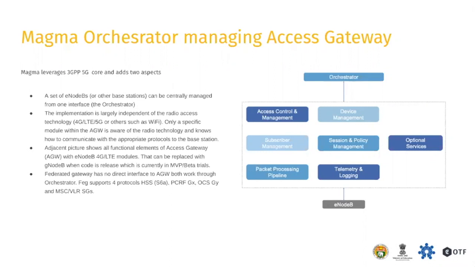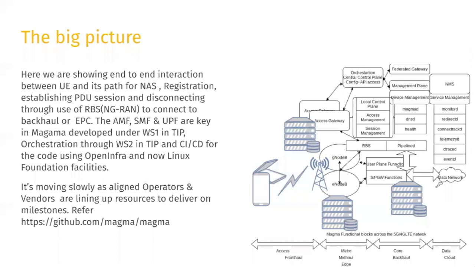Let's go to the next picture and get more detail before I jump into the big picture. So yes, we are here in the big picture. The essential part I want to bring here is this, showing end-to-end interaction between the UE and its registration, which is done through the NAS, non-access stratum, which is probably not shown here, but it goes to the federated gateway.